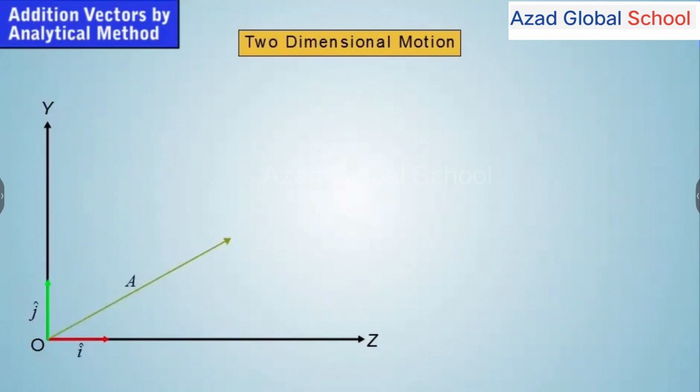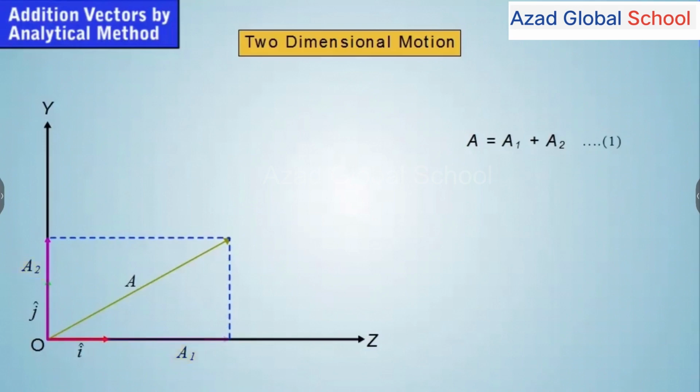From the head of the vector, draw perpendicular lines to the coordinate axis to obtain vectors A1 and A2. Hence, we can write A is equal to A1 plus A2. Let this be equation 1.